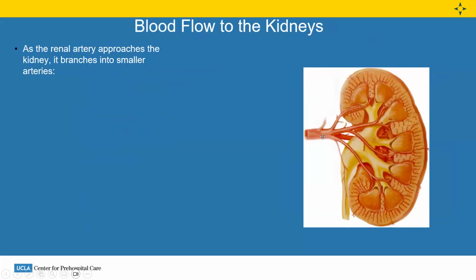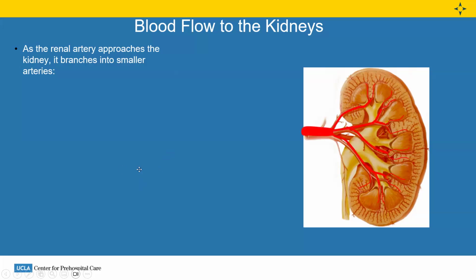As the renal artery approaches the kidney, it's going to divide into smaller and smaller arteries and then arterioles until it makes its way towards the cortex. And remember, the cortex is where filtration occurs, right?